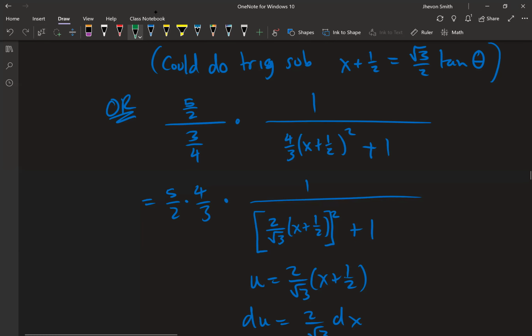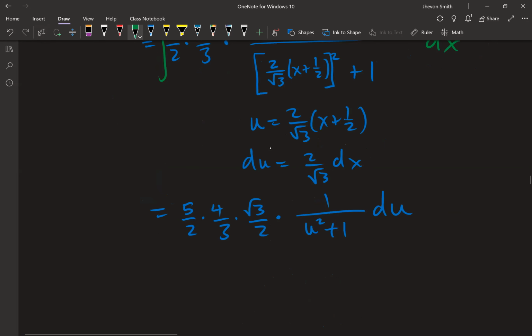So the integral here is going to just be the integral here. And so this becomes 5 over radical 3 times the tan inverse.